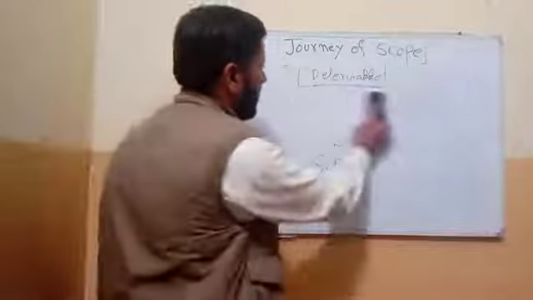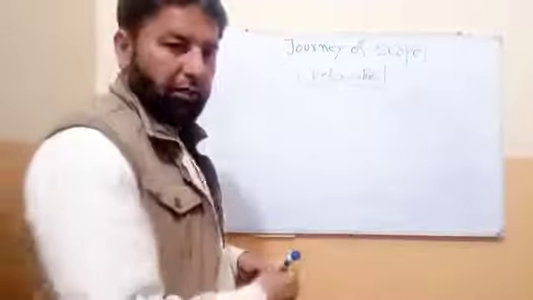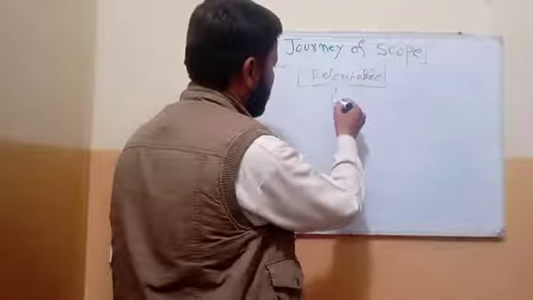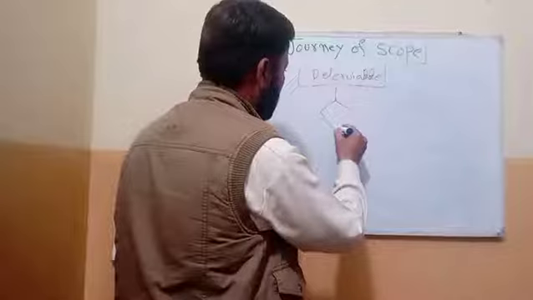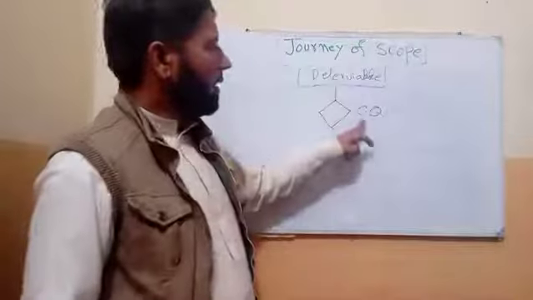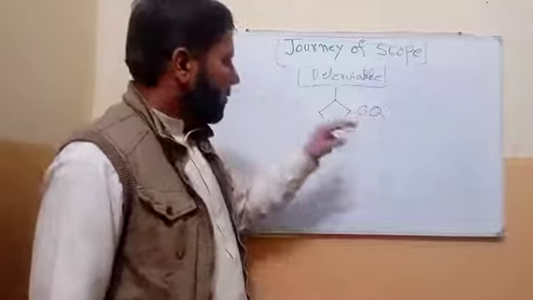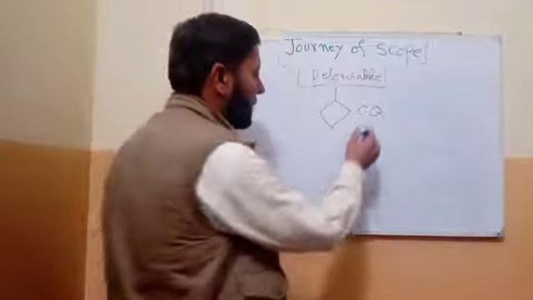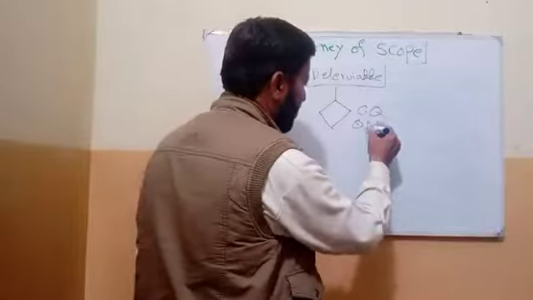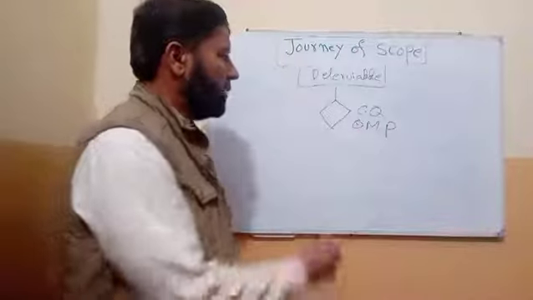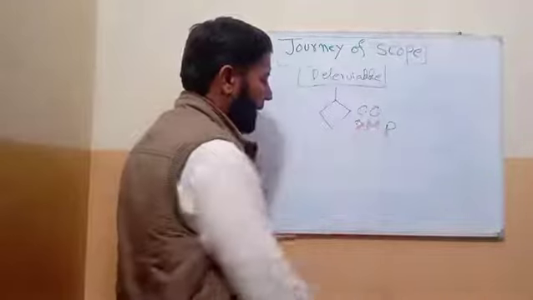Now, I will explain the journey of a deliverable. The deliverable is executed during execution and then goes to Control Quality, CQ. Here the quality team will inspect the deliverable according to the quality management plan.